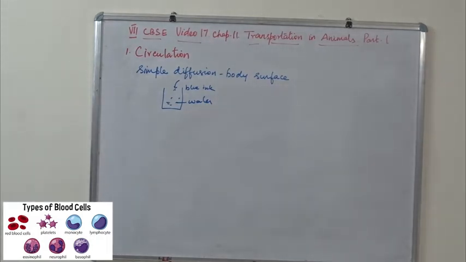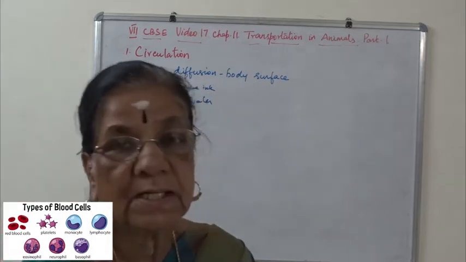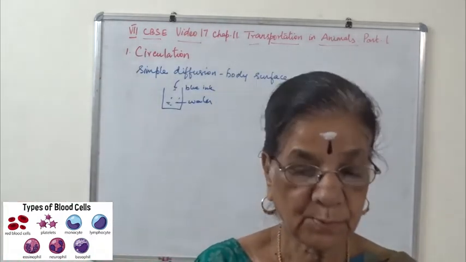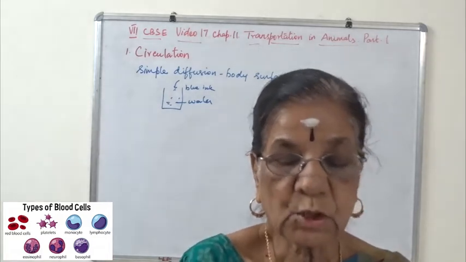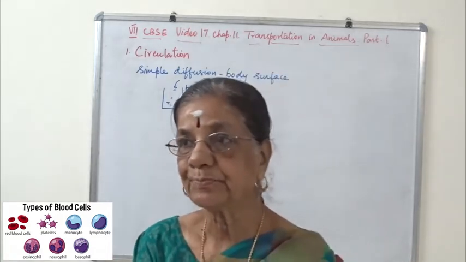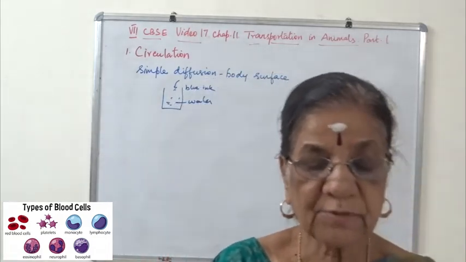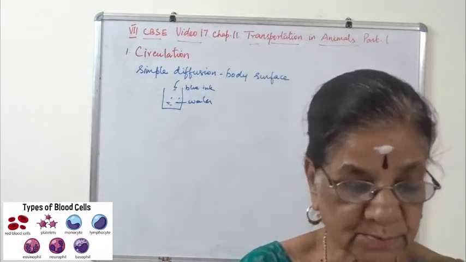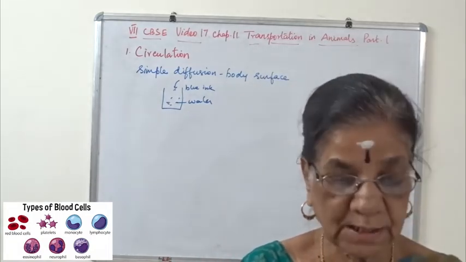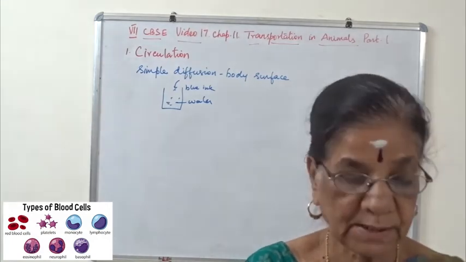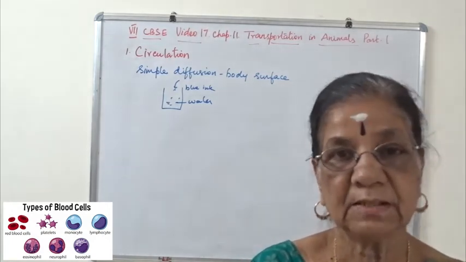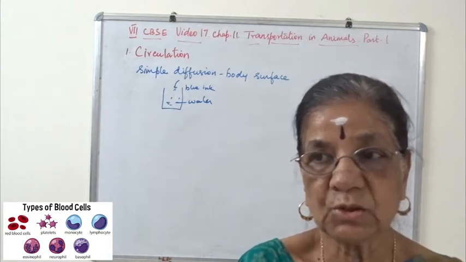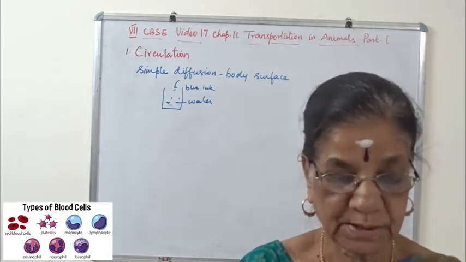I hope you follow this. Unicellular organisms like amoeba and paramecium, and also bacteria, do not have a circulatory system. The particles move in and out of the cell through the cell membrane that covers the cell, also known as the plasma membrane.